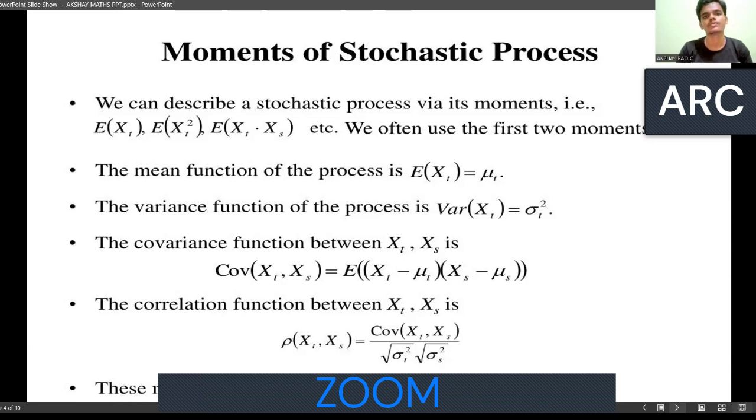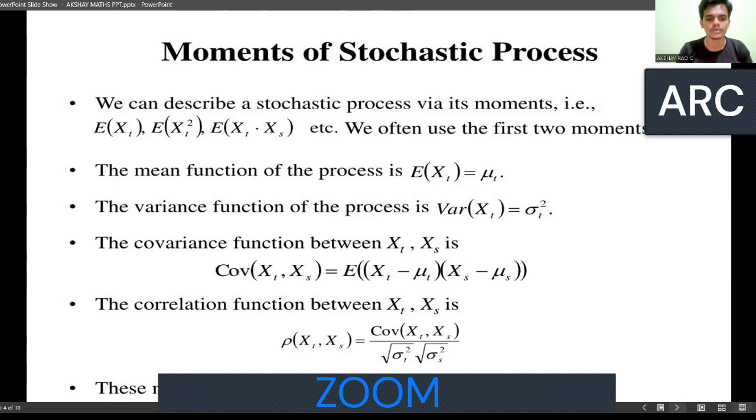The mean function of the process is E of Xt equals mu t. The variance function of the process is variance of Xt equals sigma squared t.